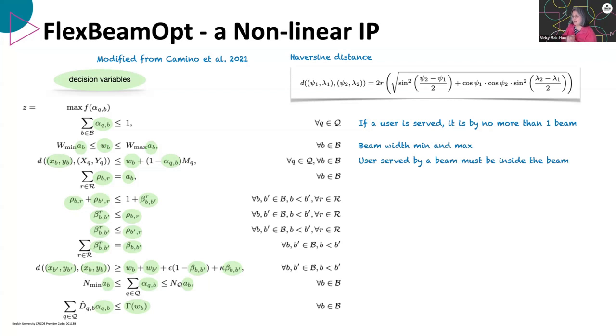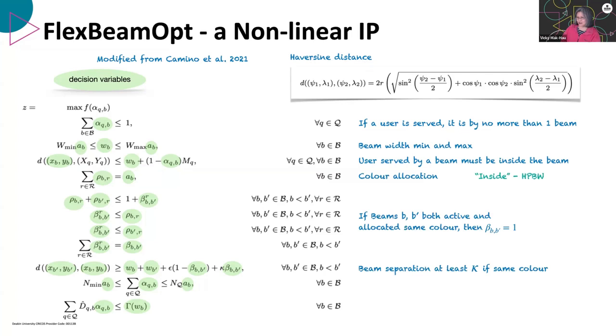Users served by a beam have to be inside the -3 dB footprint, the half power beam width footprint. If a user is outside of the half power beam width, then we will not allocate the user to the beam. I think they used Euclidean distances, so we thought it's probably cool to use a half sine distance, not that we are really going to solve it inside the integer programming problem.